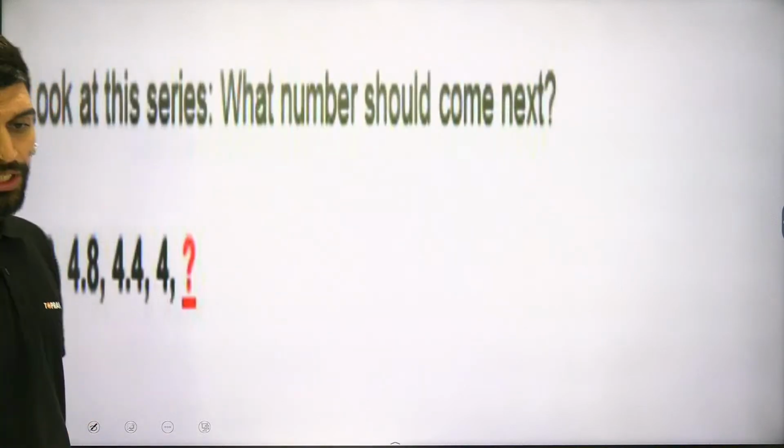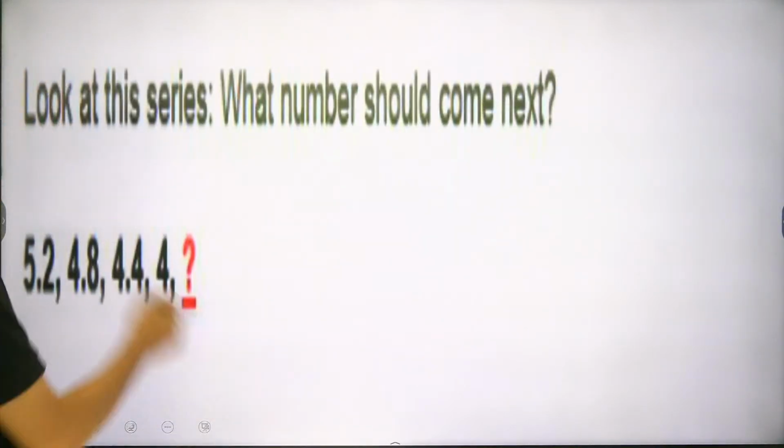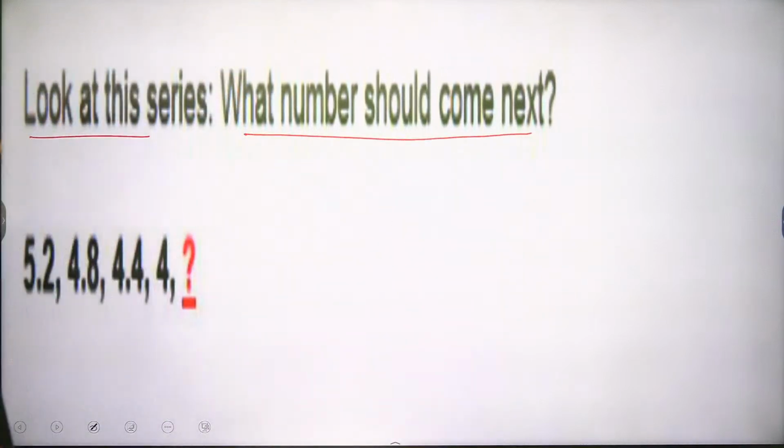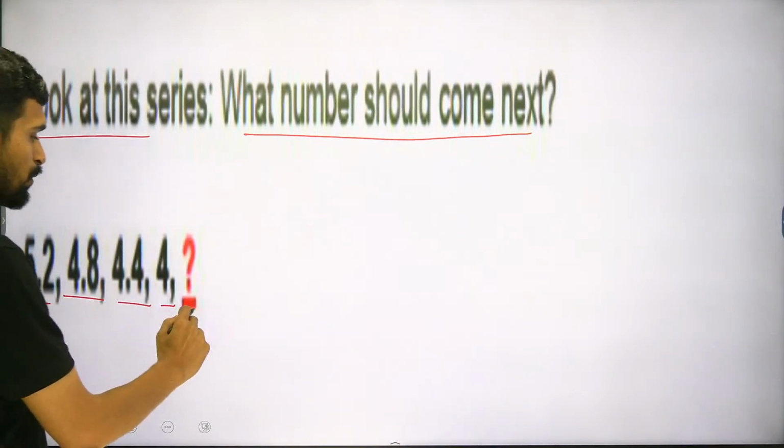For the morning shift, the very first set of questions was a series, and we need to identify what will be the next term. The very first one is 5.2, 4.8, 4.4, 4, and next.